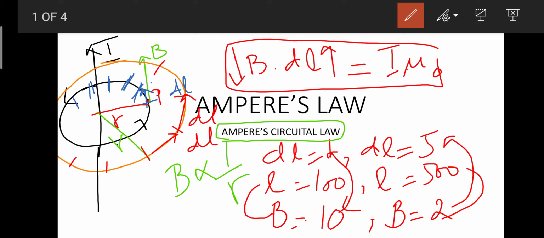In this case, you can observe there is a closed figure which is circular, and in the next cases you will again see that we are going to draw Amperean loops of different geometry, but definitely they would be closed loops. So this Ampere's law is basically for closed surfaces. That's why it is known as Ampere's Circuital law. Circuit is basically anything which is closed.